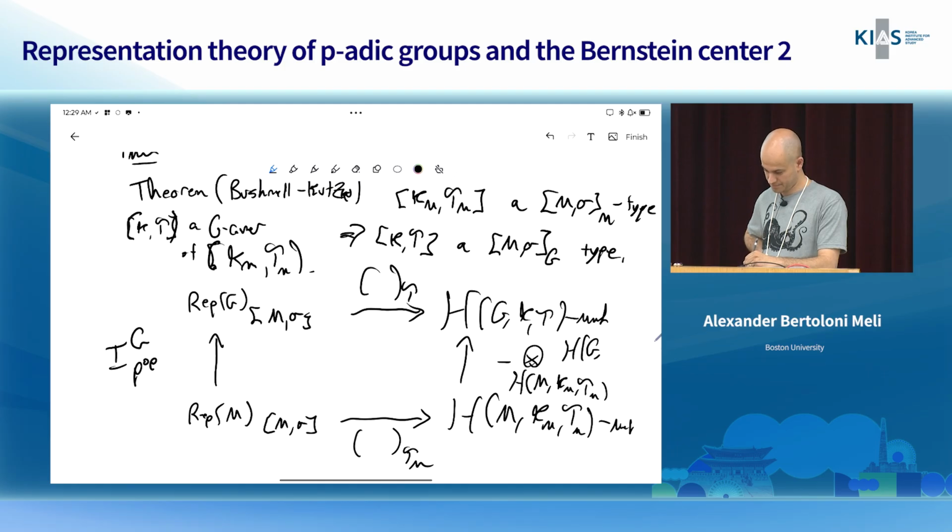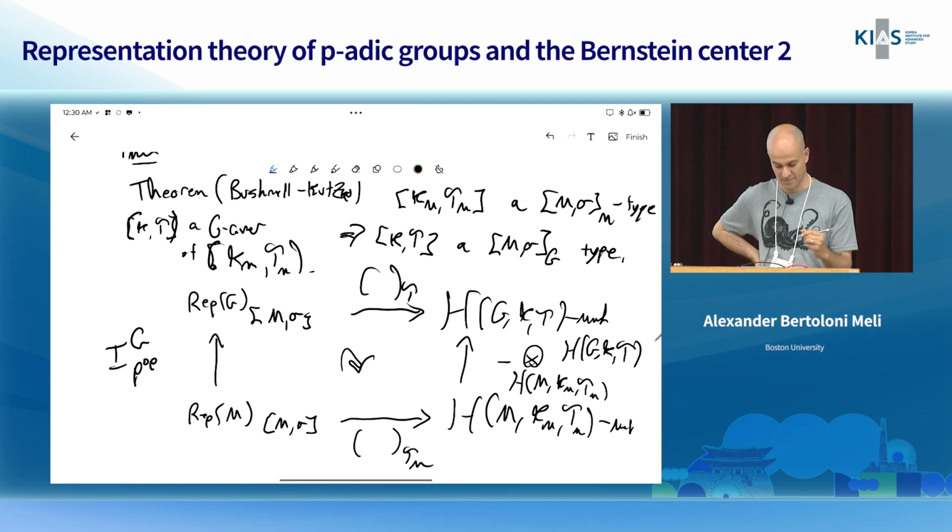So this is saying that, in each of these cases, when you have types, you get an isomorphism of your category with some module category. And this is saying that you can induce and then pass through this equivalence, or pass through this equivalence and then tensor with the Hecke algebra. And so here, to do this tensor product, I'm using that you have a map of these Hecke algebras that I said happens in this G cover case.